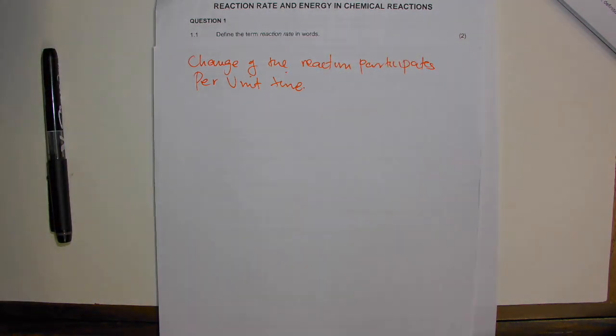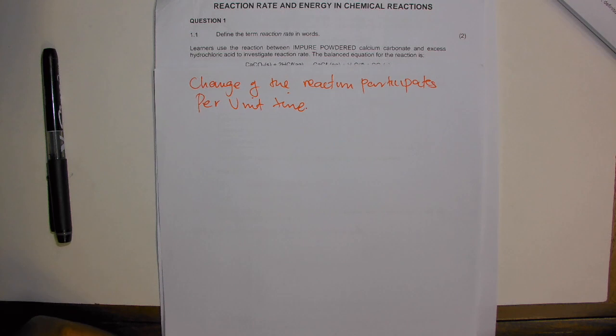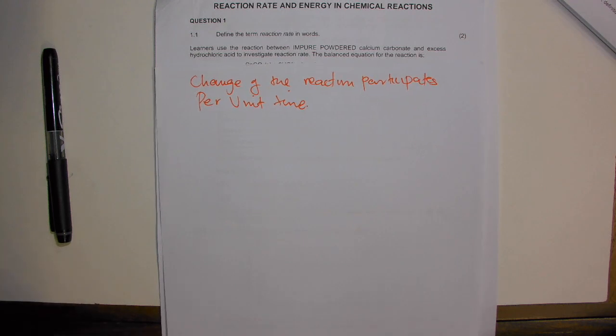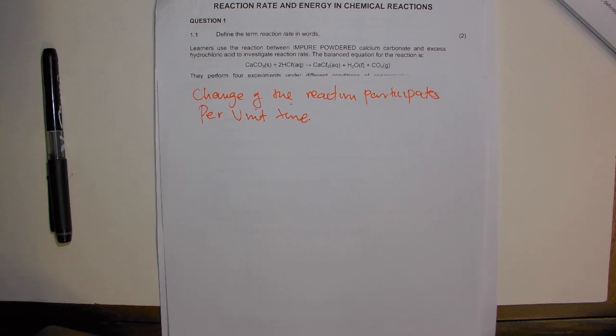That's what defines the term reaction rate. It's easy, right? Everybody can get that. And then the next question will come as follows. Let us use the reaction between impure powdered calcium carbonate and excess hydrochloric acid to investigate the reaction rate. The balanced equation is, this is the equation that you're given.